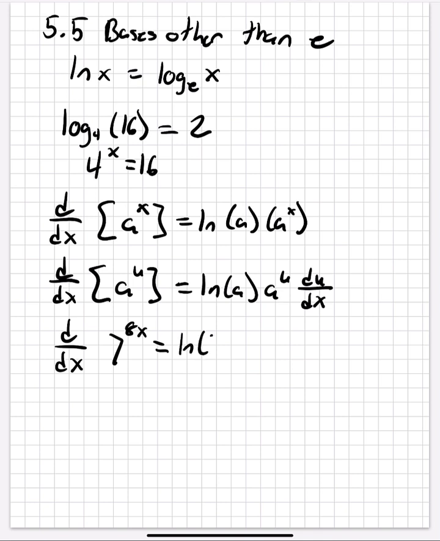So I have the natural log of 7 times 7 to the 8x, and then I do the chain rule, so I bring that 8 down, times 8. If I wanted to clean this up a little bit, I could say this is 8 times the natural log of 7 times 7 to the 8x. That's an example of how that derivative rule gets used.